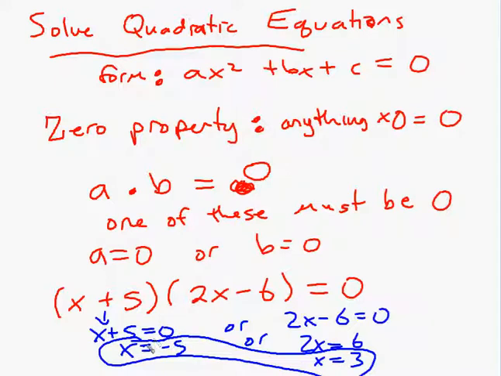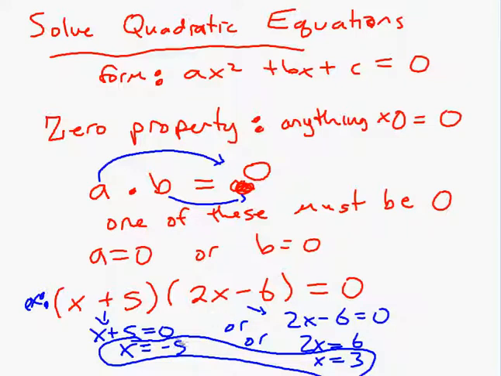How did you get x plus 5 and that stuff? This is an example. Okay, so I gave that to you. Why is it negative 5? Let's go back up here. Either a is 0 or b is 0, right? One of those would have to be 0. So what I'm saying is either this whole thing is 0 or this whole thing is 0.